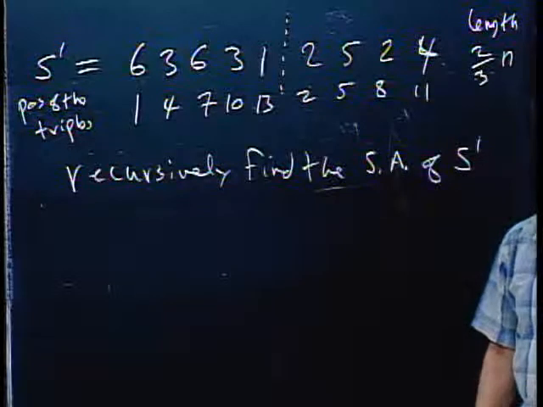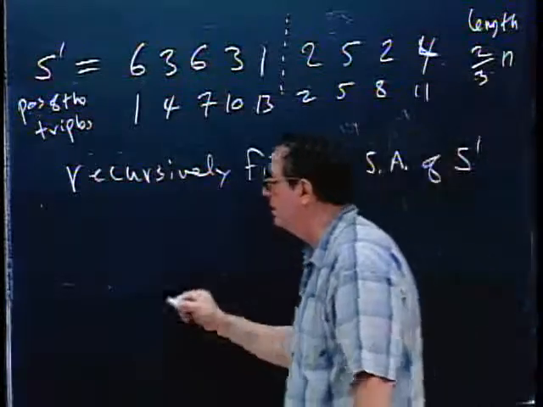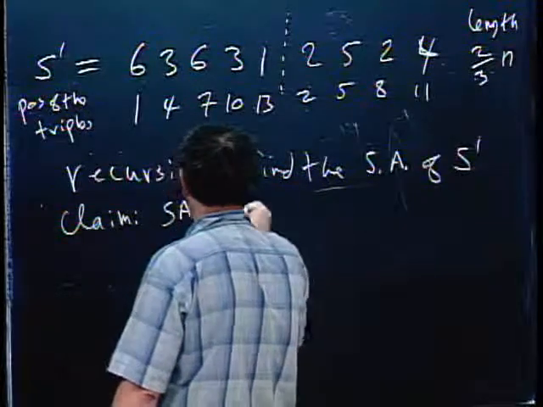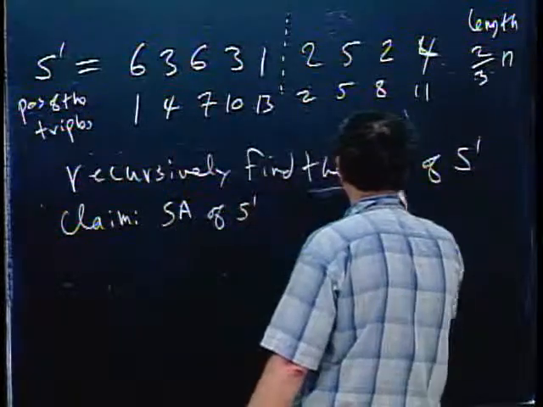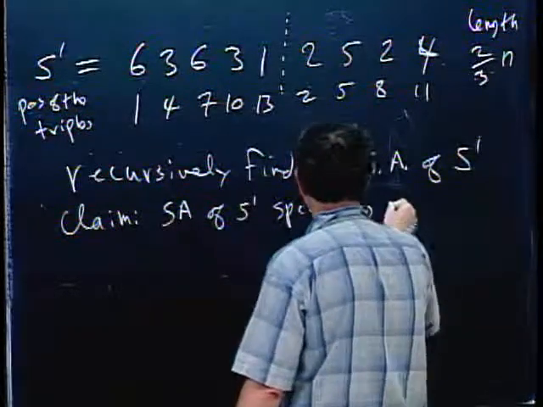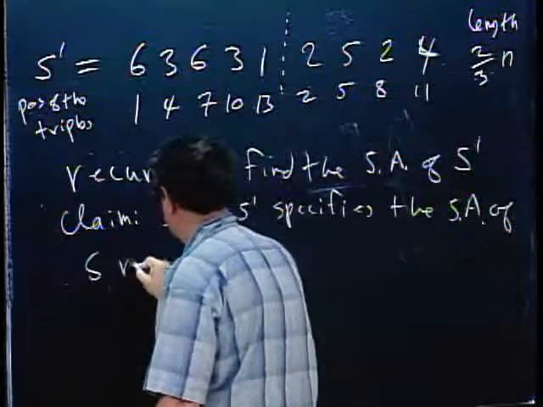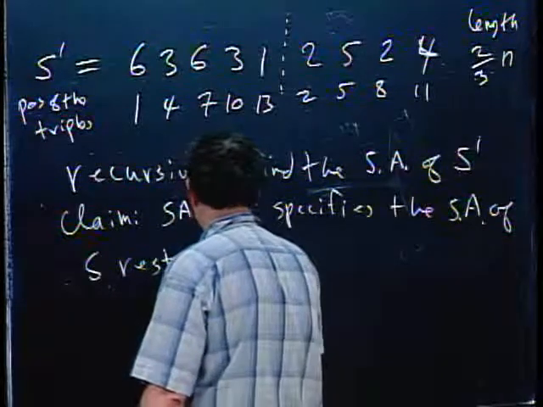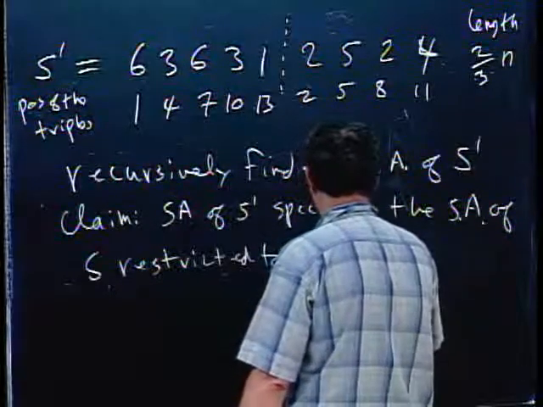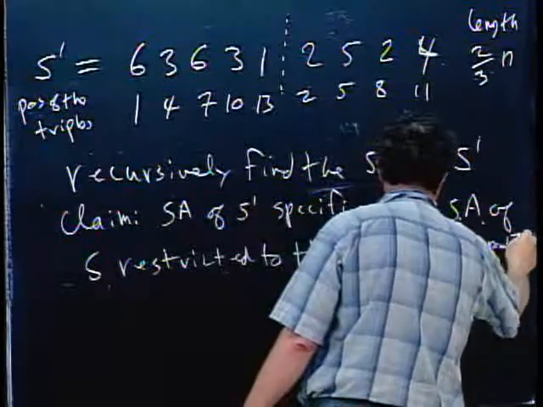Okay, and the claim is that the suffix array of S prime specifies the suffix array of S restricted to the positions 1 or 2 mod 3.